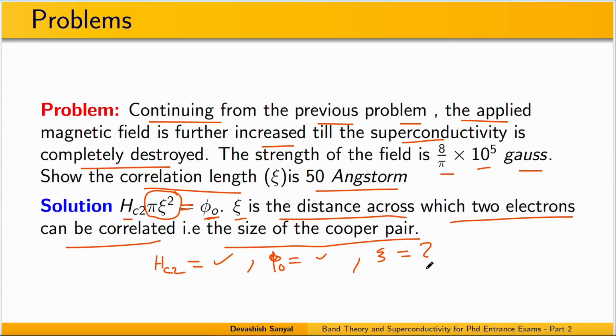The concept is that here Hc2 is always greater than Hc1, because lambda is always greater than psi. So first comes penetration of the field and then destruction of superconductivity.